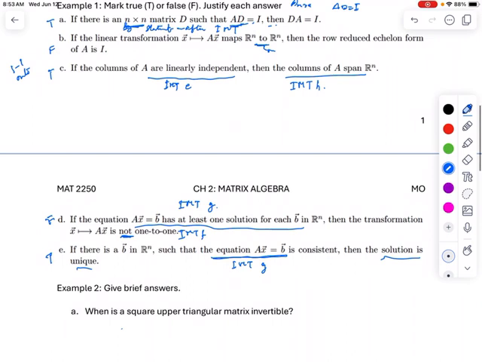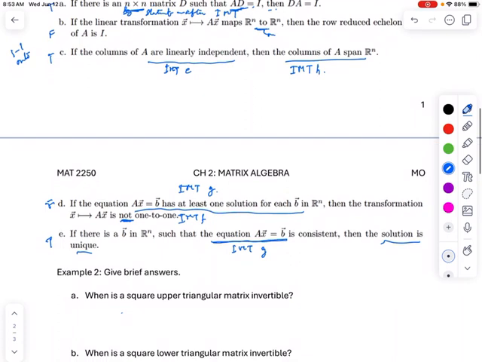Or in other words, because IMT G is being satisfied, the A matrix has n pivots according to IMT C. So this implies A has n pivots. What does that mean? It means no free variables.